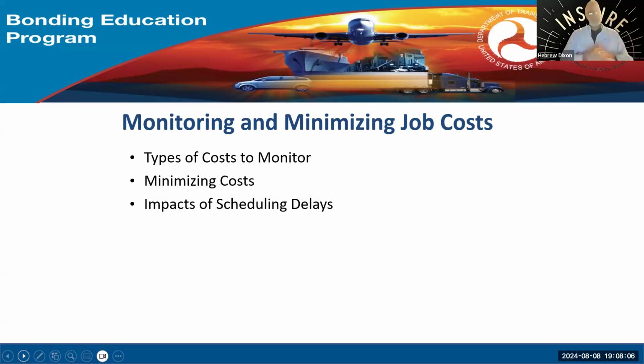We talked about monitoring, but this other piece about minimizing is huge. Now we've got some generals and PMs, CMs on the line. Minimizing is key. It's about how you run your project.